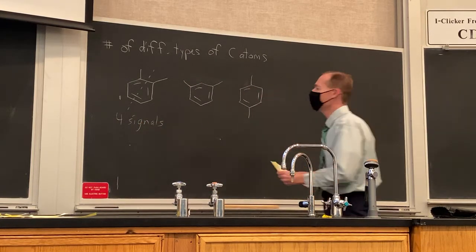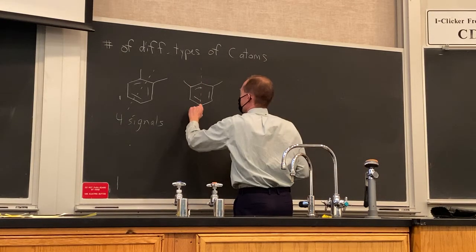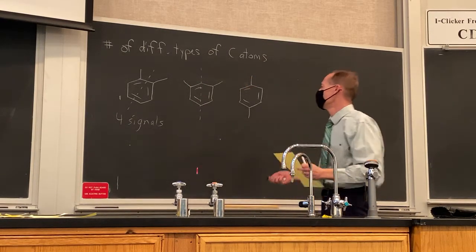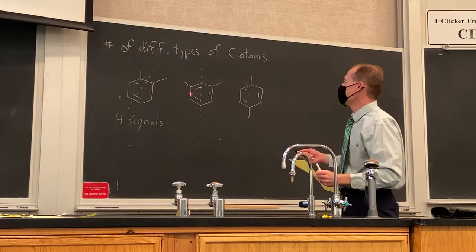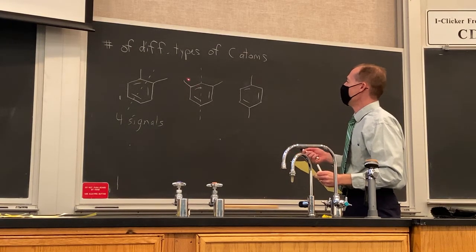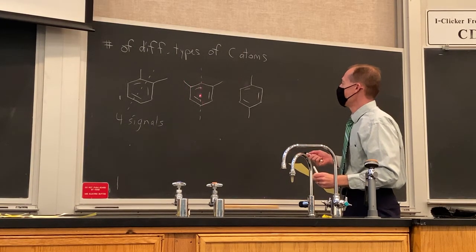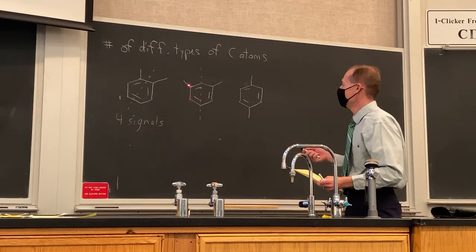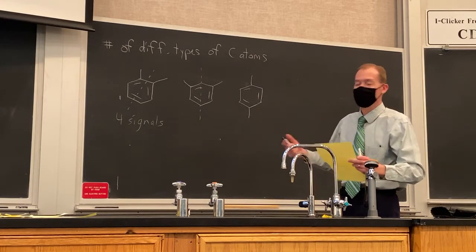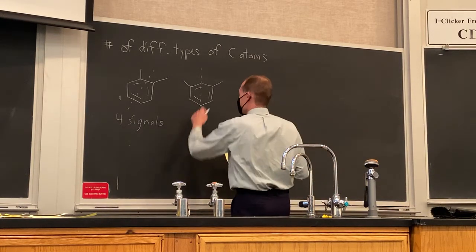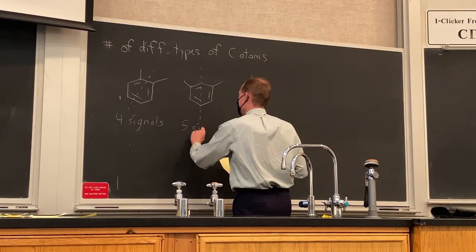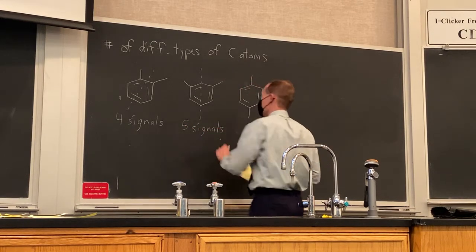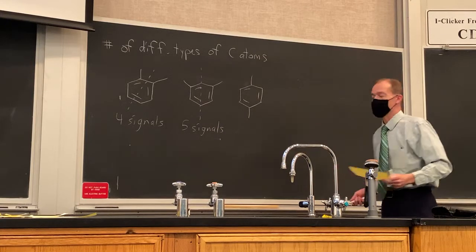This molecule here, I drew it so that it has a plane of symmetry going vertical. And we see 1, 2, 3, 4, 5 different types of carbons. We've got the 3 that reflect each other in the plane. We've got 2 carbons that are in the plane that aren't reflecting each other. So this substitution pattern would give 5 signals in the C13 NMR.